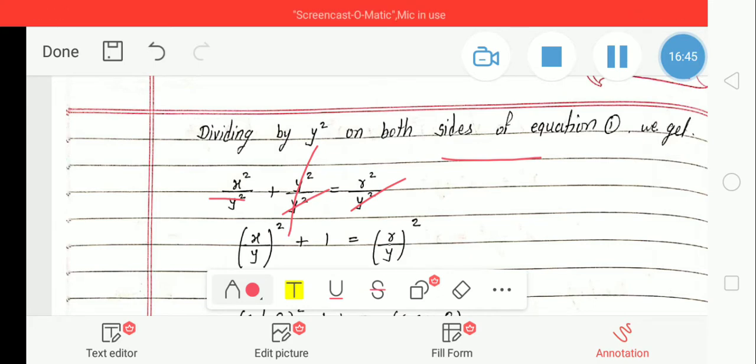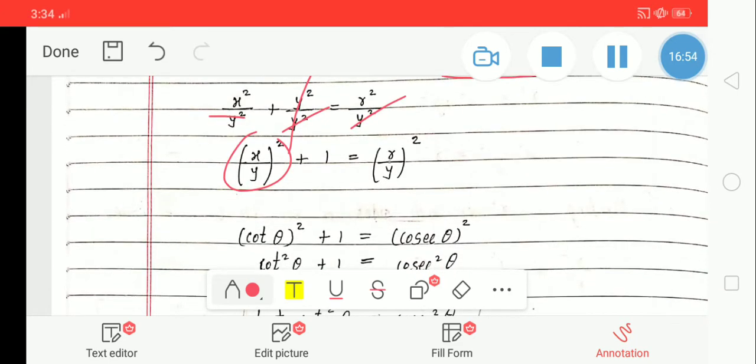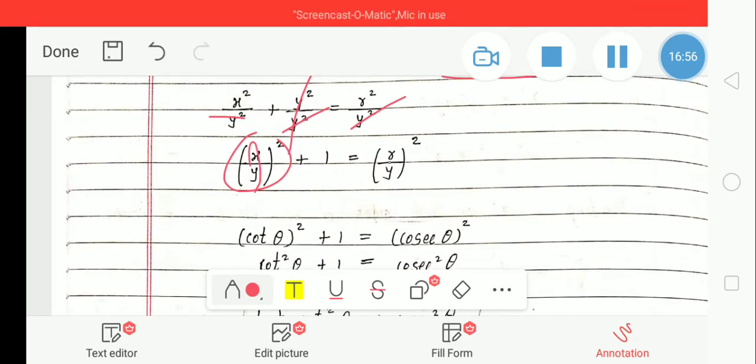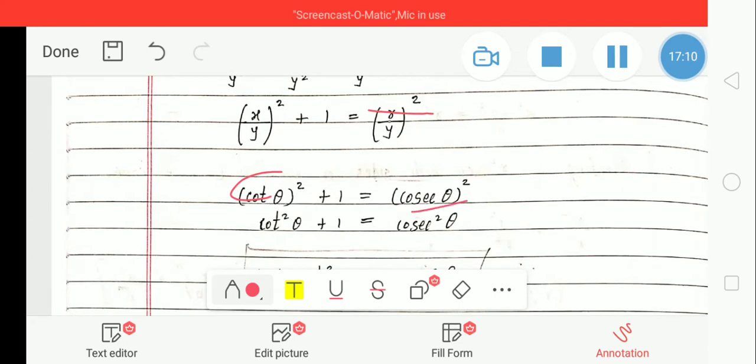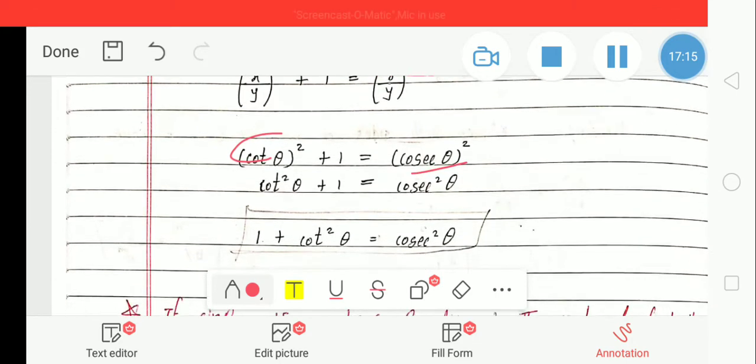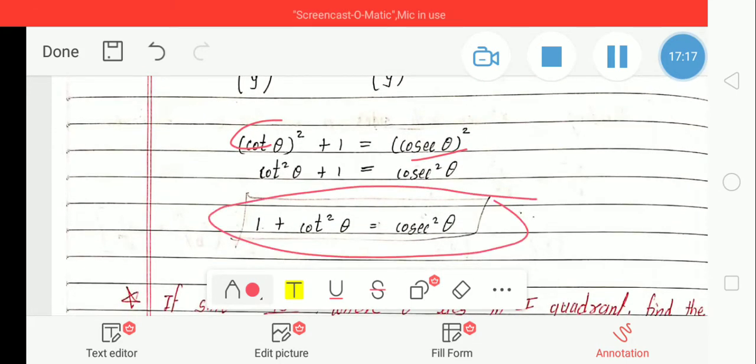Now we again apply this rule, so x divided by y whole square plus 1 is equal to r divided by y whole square. That is cot theta, adjacent divided by opposite, and hypotenuse divided by opposite gives cosec theta. So now cot square theta plus 1 is equal to cosec square theta, hence proved.